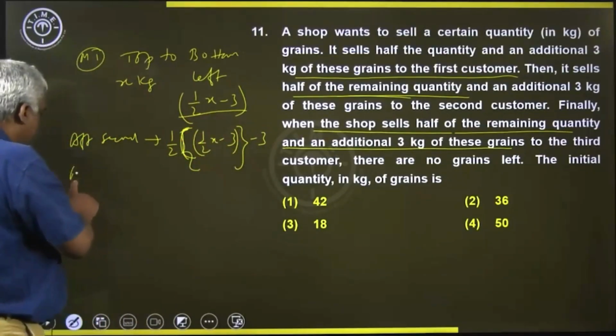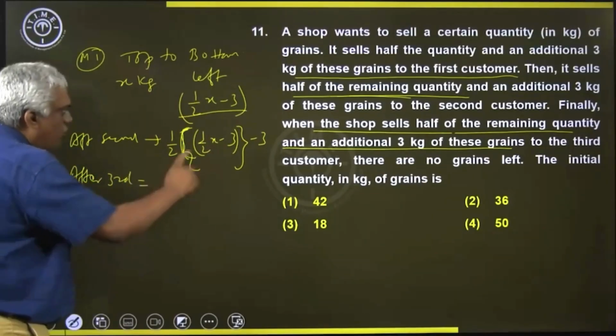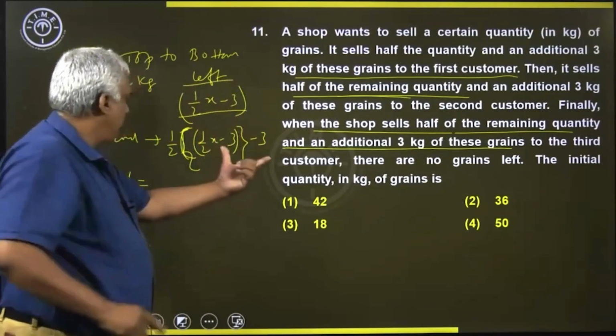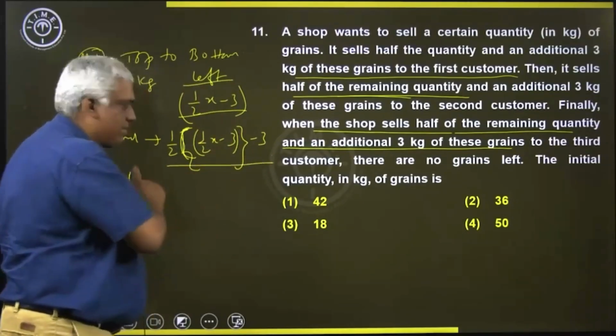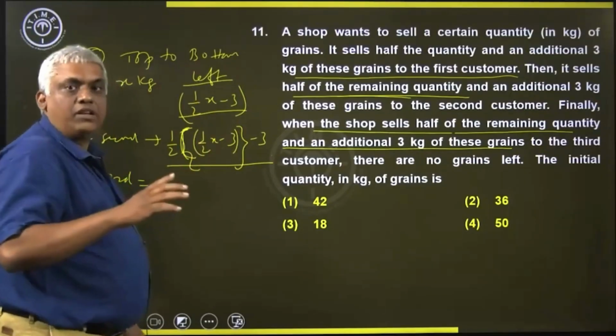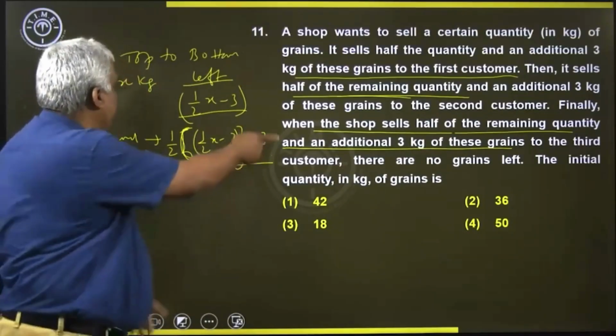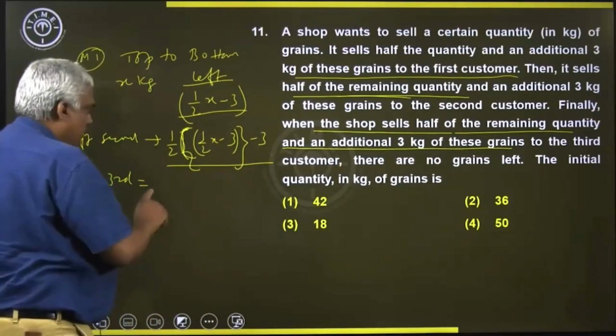After the third customer, how much is left? I'm writing just the left. If she sells half of this, how much is left? Half of this. But she's selling half of this plus 3 kg extra, so it will be left with half of this total minus 3 kg.